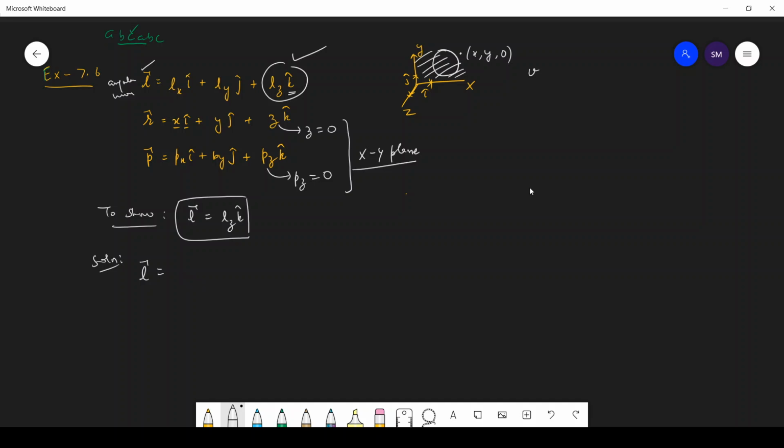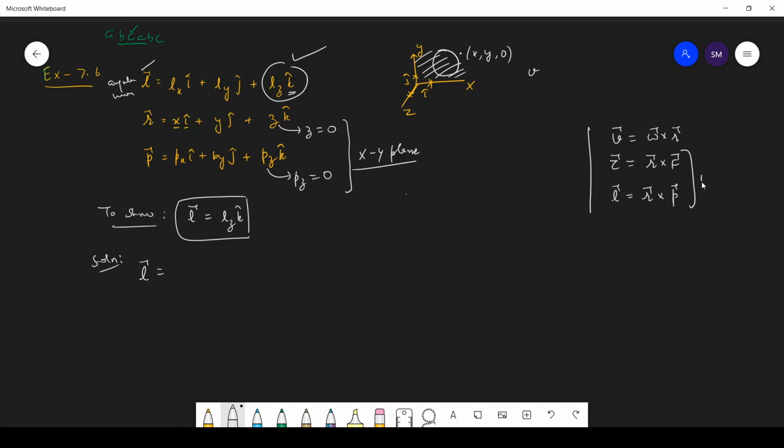We have three cross products, students, in this chapter. The first one is v equals omega cross r. The second one is tau, that is torque, the rotational force, which equals r cross F. And the third one is the angular momentum, which is r cross p.